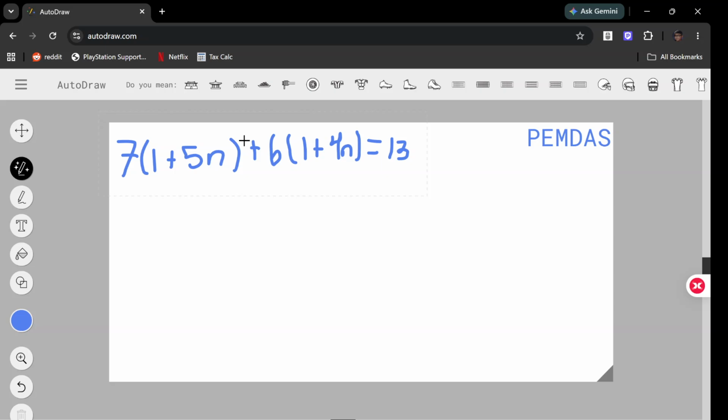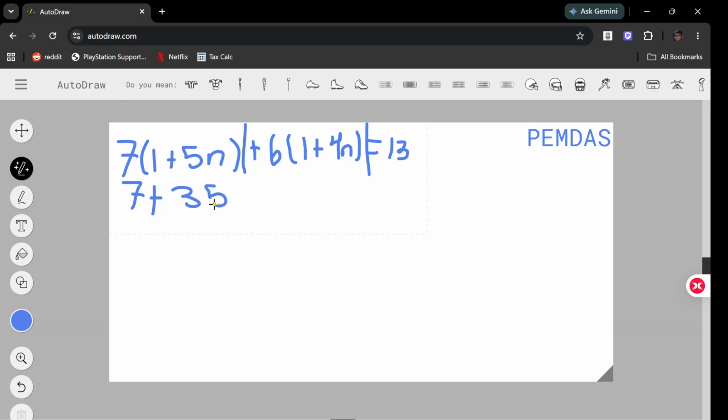So, like we did in the previous problem, let's break down the chunks. Okay, cool. 7 times 1 is 7. We know 7 times 5 to be 35 because 6 times 5 is 30, so plus 5 is 35.